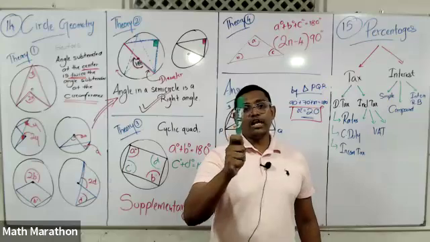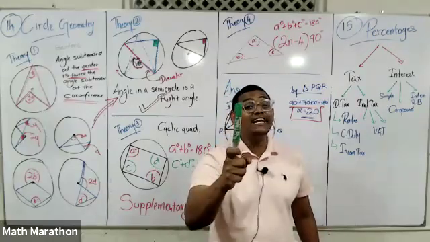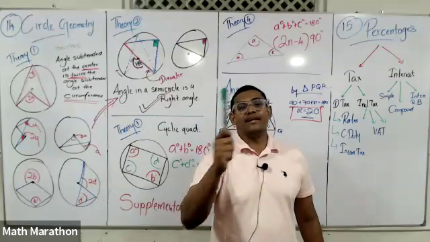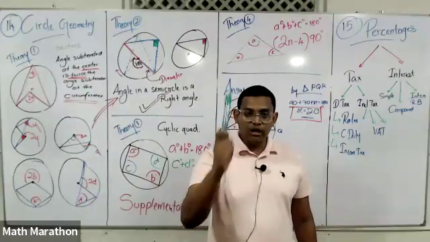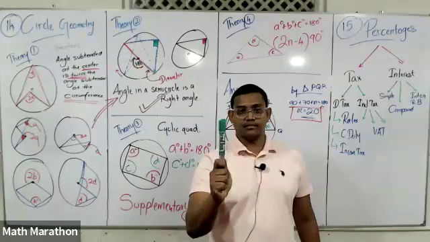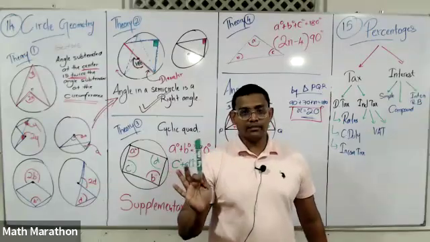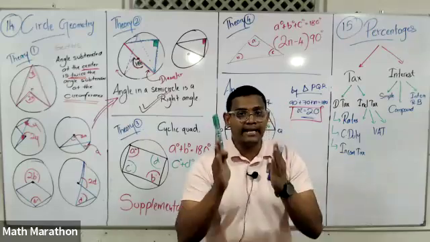If the exact value of this pen is 100 rupees, I have to pay 118 rupees. They will not say the exact amount of the pen is 100 and you have to pay a VAT of 18 rupees. No, the value of the pen is 118 rupees. That's it. If you want to buy. If not, go. Tata, bye. Clear? That is VAT. That's why we call it indirect tax.